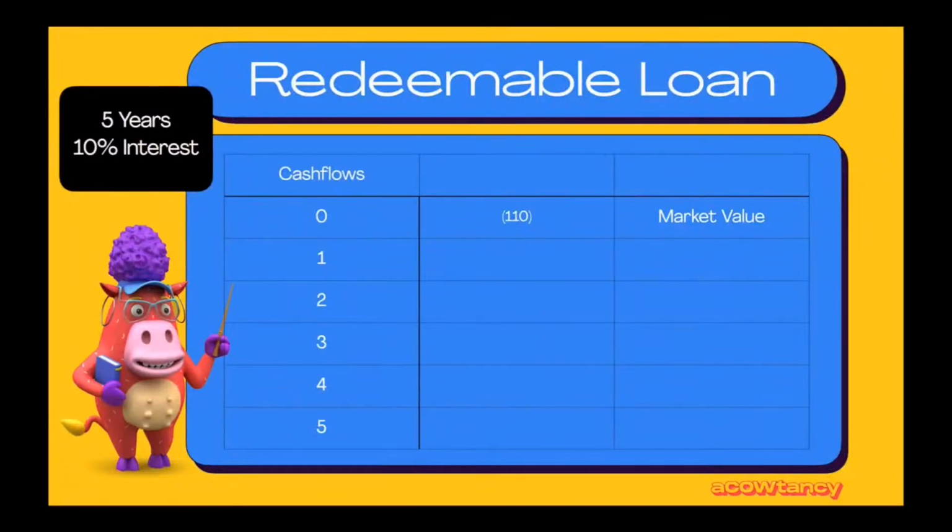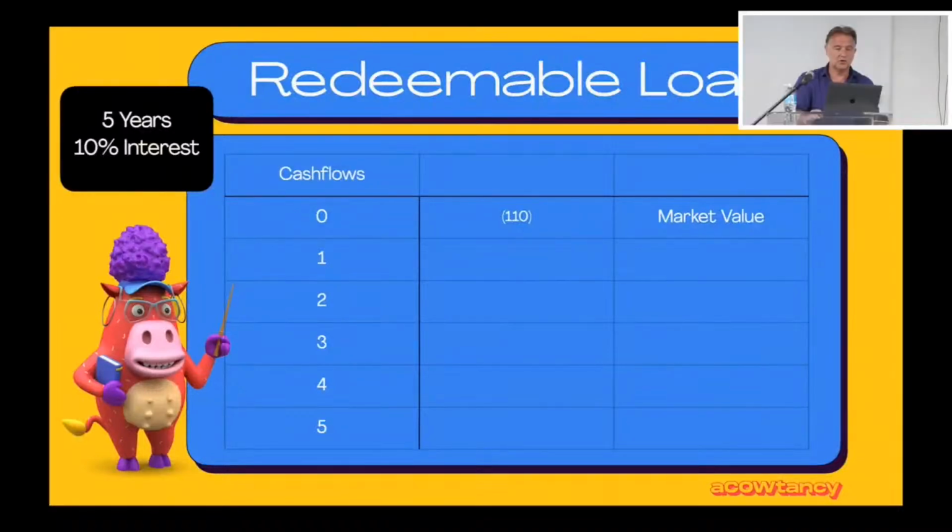What's your cash flow in year 1 if this is a 10% interest loan? Have a guess. It's a 10% interest loan. It's based on a block of 100. 10% of 100 is 10.